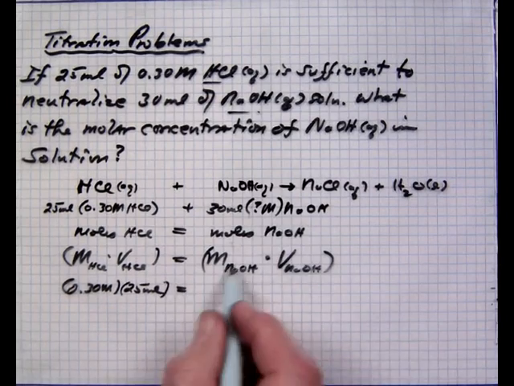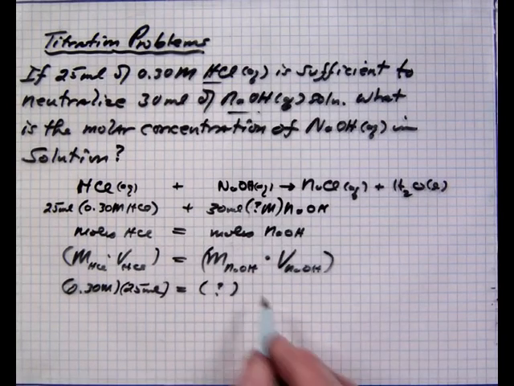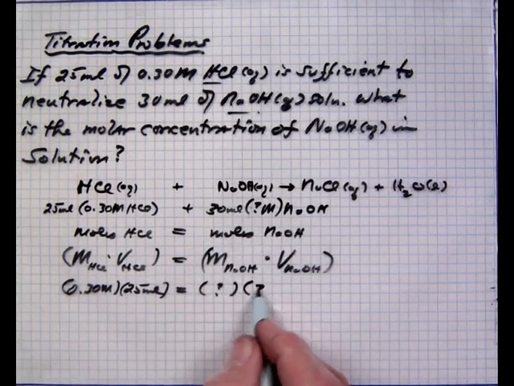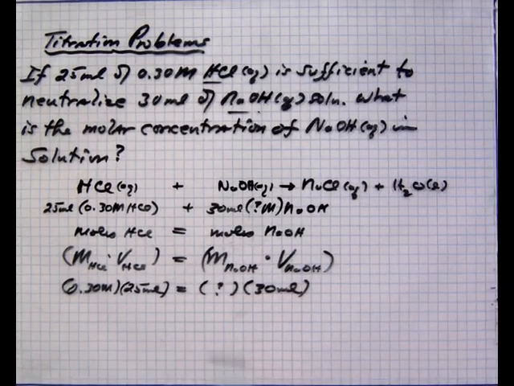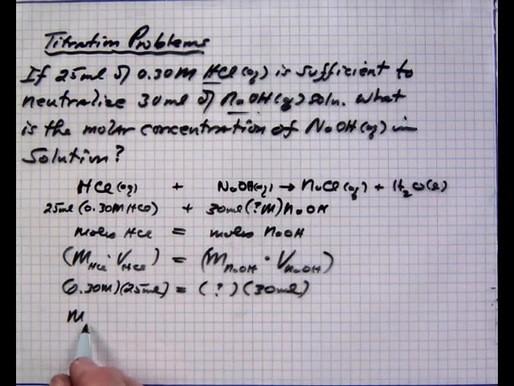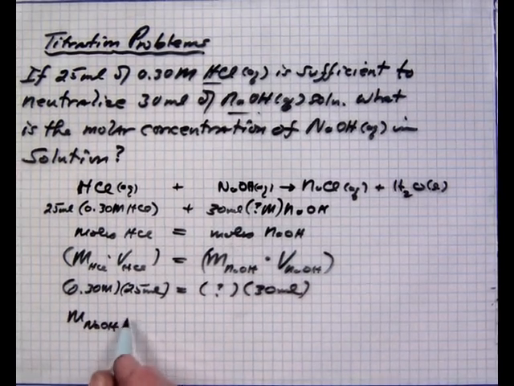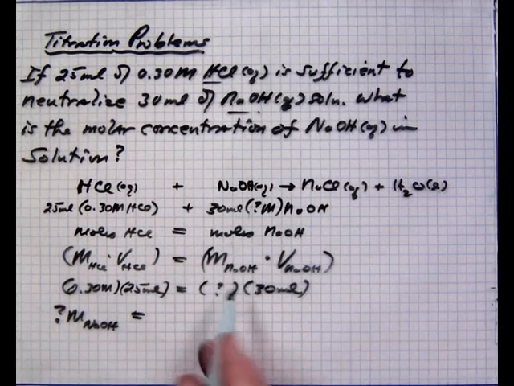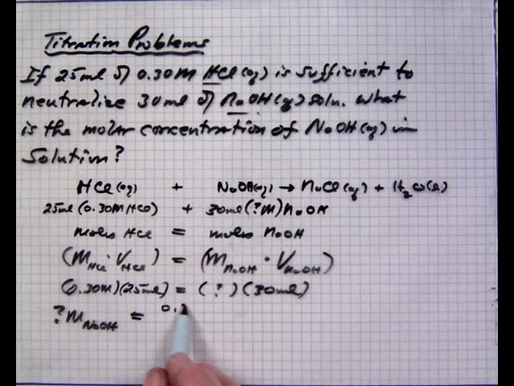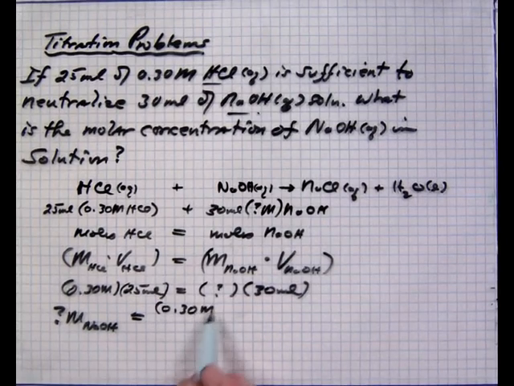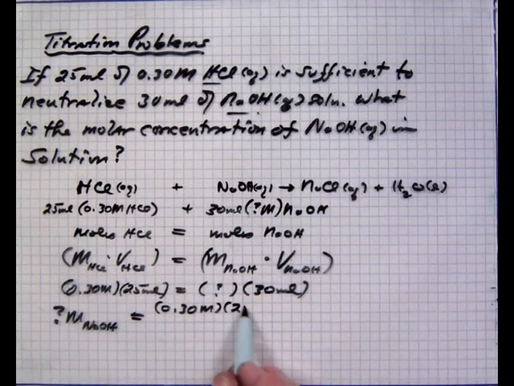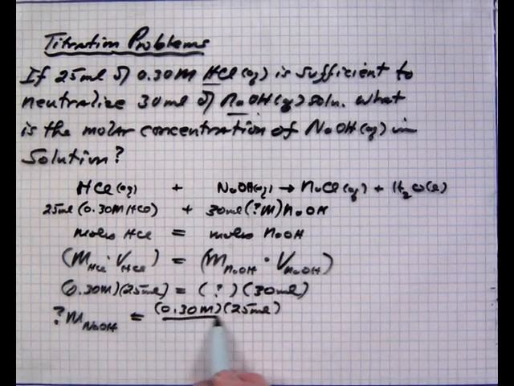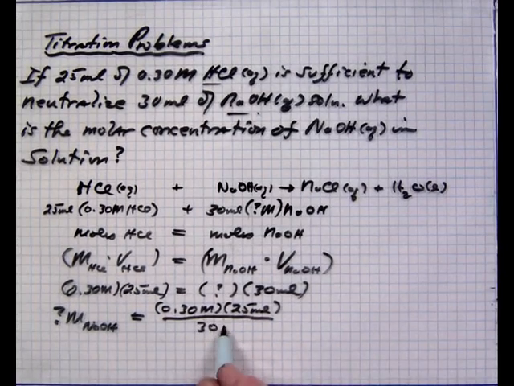Is equal to the molarity, the unknown, times the volume, 30 milliliters. So the molarity of the NaOH solution is equal to, solving this, 0.30 molar times 25 milliliters divided by 30 milliliters.